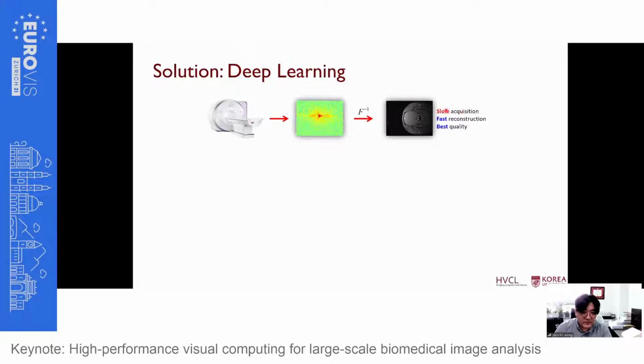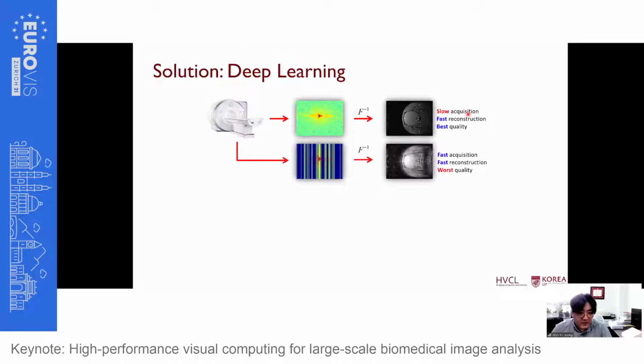So the acquisition could be slow in conventional MRI, but the reconstruction can be very fast, because this is the frequency data directly from the MRI, and getting the image from this frequency data is simply applying the inverse Fourier transform. So this could be fast, and the quality can also be good, okay? But the acquisition could be slow.